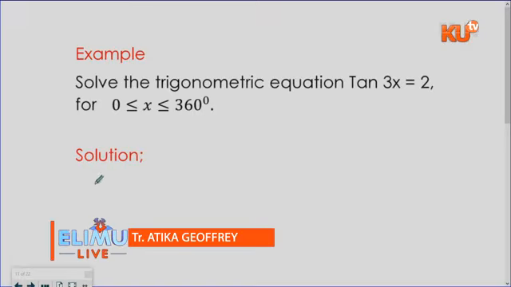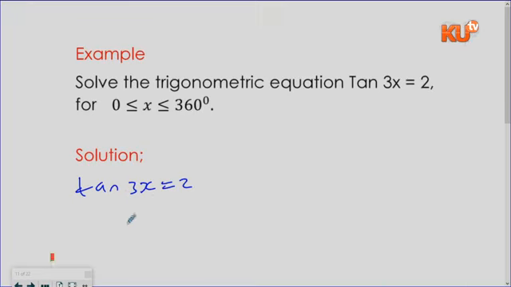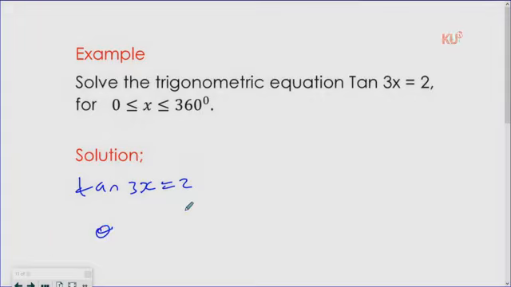So the solution to this very quickly, because we have a lot to cover, we have tan 3x is equal to 2. Here we are going to put this 3x aside first of all and focus on getting our theta. You did this again in Form 2.